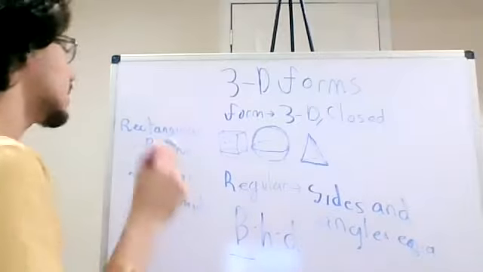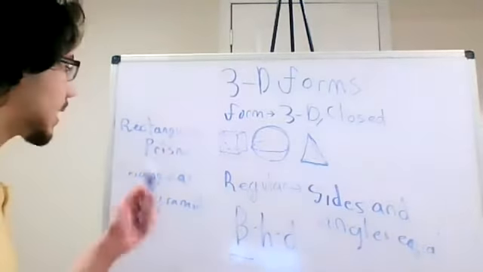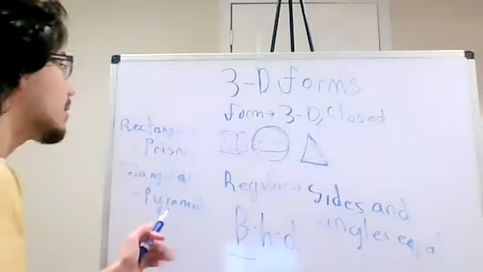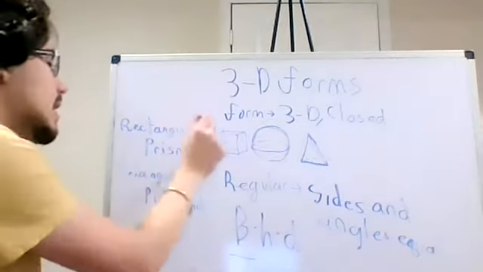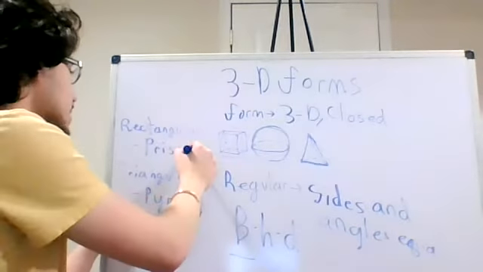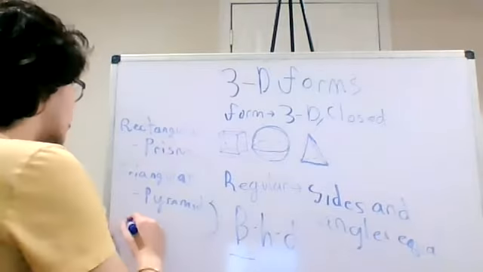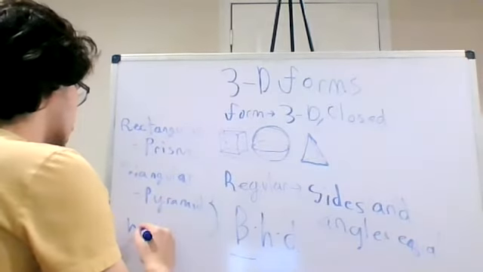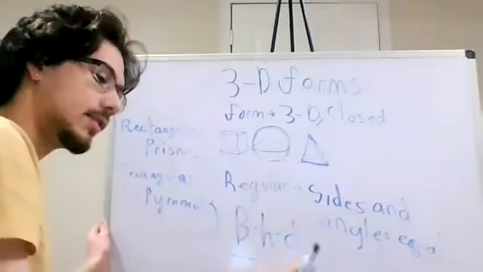Now, something to notice about these names is that when describing a prism or a pyramid in regards to whether it's triangular or rectangular, saying it's a prism or a pyramid refers to the front face.